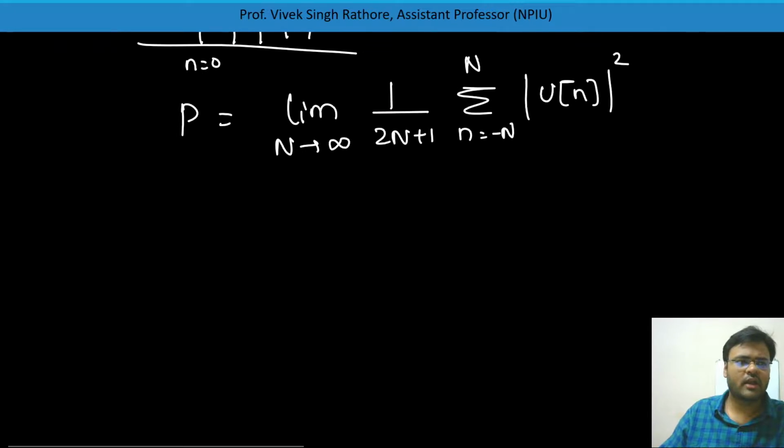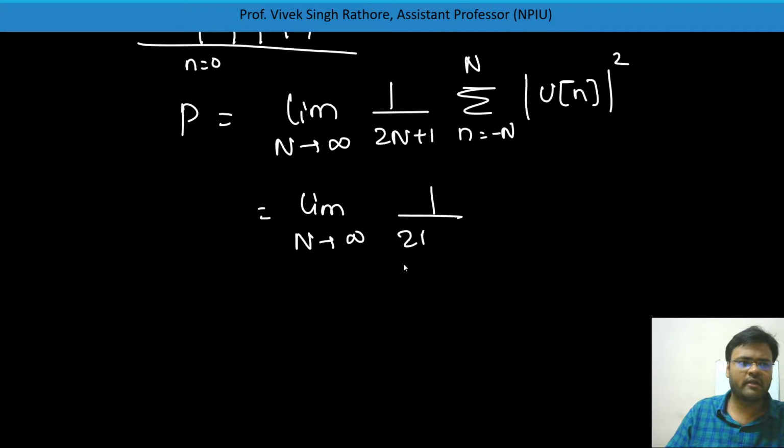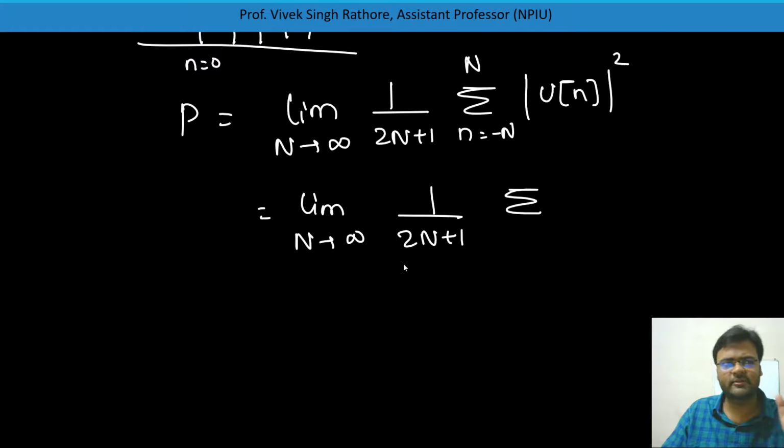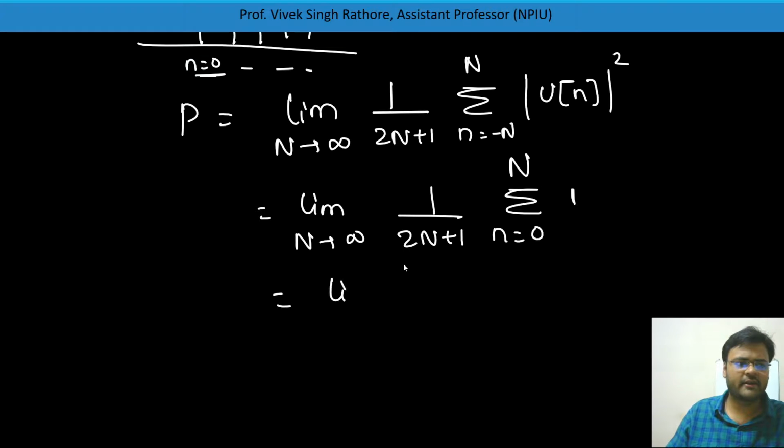So now it can be written as the limit n tending to infinity of 1 by 2n plus 1, and summation of u[n] squared, which means it will start from n equal to 0 and go on. So we can write it as n equal to 0 to n, with value 1. Definitely we can write it as the limit n tending to infinity, and the summation of 1 from 0 to n comes as n plus 1, over 2n plus 1.